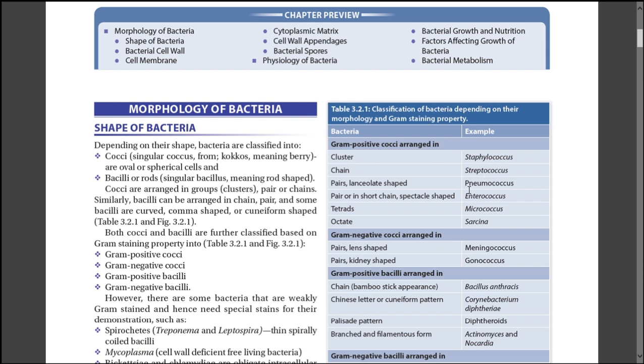Then Pneumococcus and Enterococcus are arranged in pairs. In tetrads, it is Micrococcus. In octets, it is Sarcina. What is very important is Staphylococcus, Streptococcus, Pneumococcus and Enterococcus.